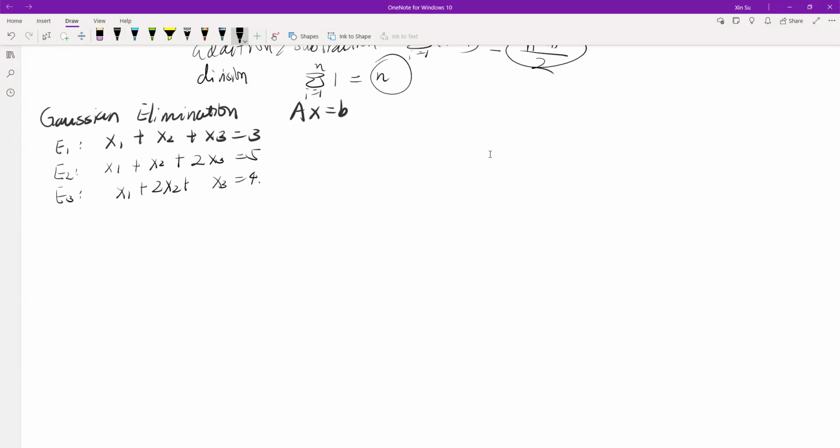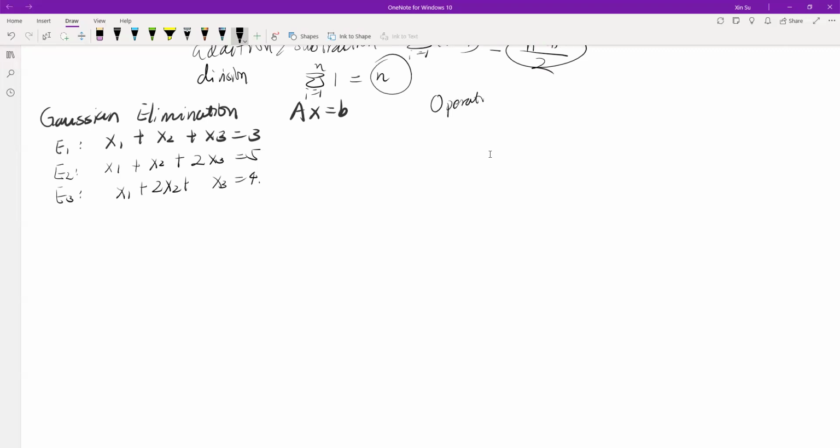So we have the lower left triangular matrix, and we have the upper right triangular matrix, and we are going to use the Gaussian elimination process and some operations to simplify the system to be lower triangular or upper right triangular.